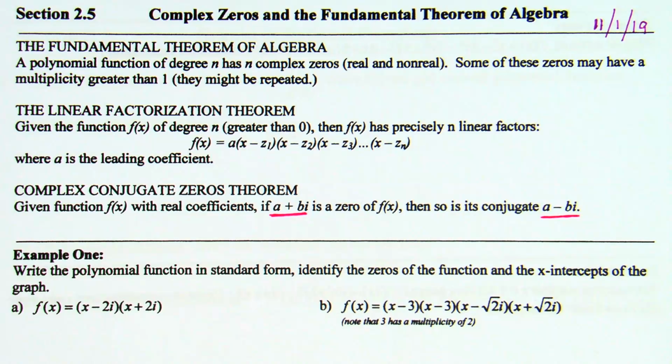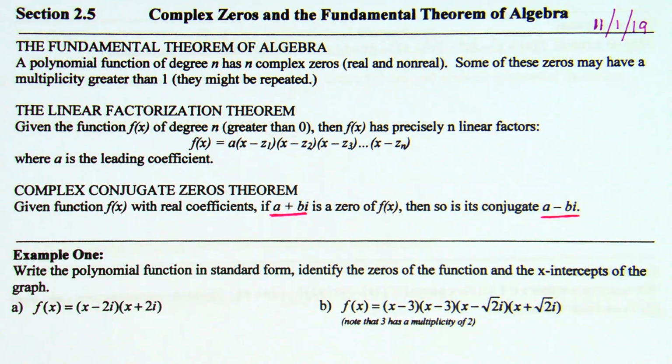The idea is that these imaginary roots always occur in pairs. Similar to the idea, remember how I kept saying the irrational roots always occurred in pairs? If you had an answer of square root of 5, there was also the negative square root of 5, so it was plus or minus square root of 5. Same idea here with the imaginaries. Irrationals and imaginaries will always occur in pairs.